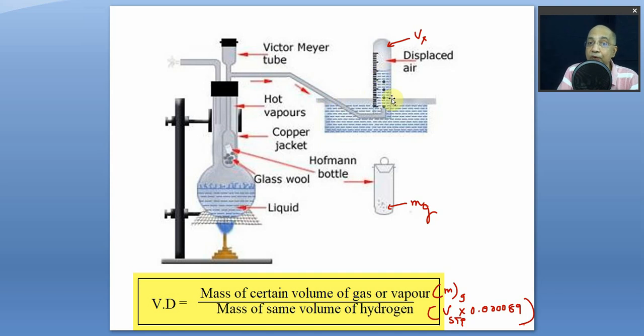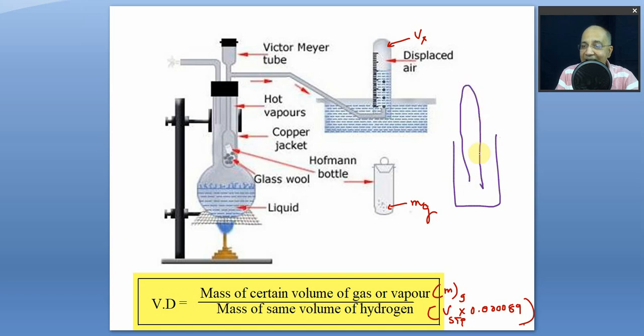You carefully remove by putting your thumb so that there will be no escape of the gas or entry of air inside. So very carefully you remove this tube with air enclosed and put it in a tall jar containing water, like this, and try to make it up and down by your hand.